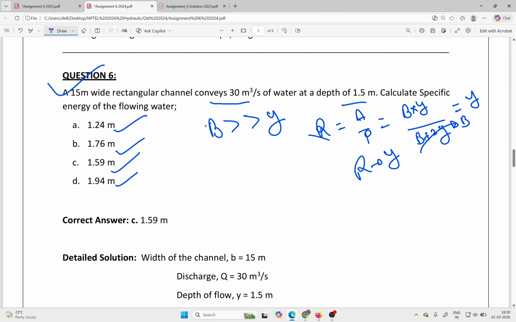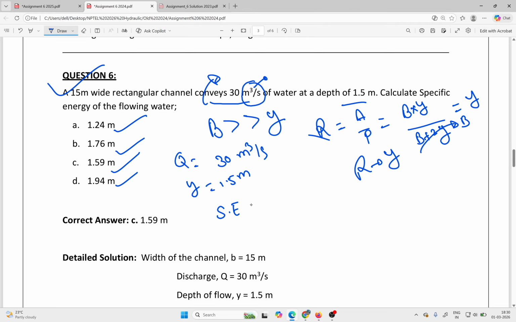That is the idea. Okay, so conveys means discharge is given, 30 meter cube per second. If anyone does not know the meaning of convey, you can guess from the unit that it is given for discharge. The water depth y is equal to 1.5 meter. Calculate the specific energy.